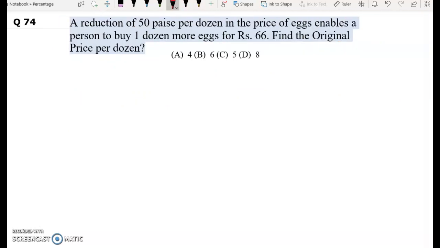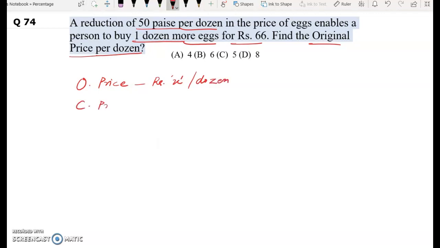Question number 74. A reduction of 50 paise per dozen in the price of eggs enables a person to buy 1 dozen more eggs for rupees 66. Find the original price per dozen. Let's say the original price of eggs per dozen is rupees X per dozen. Now the current price will be how much?